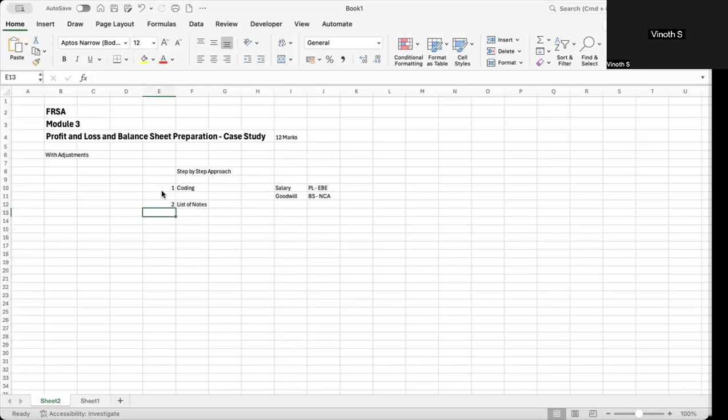I split them like this: this is a note under the P&L and this is a note under the balance sheet. For example, suppose outstanding salary is one item. We need to prepare the EBE note, the employee benefit expenditure note, for that. Salary is given in the trial balance and the outstanding is in the adjustments, so both cannot be put directly under the P&L statement.